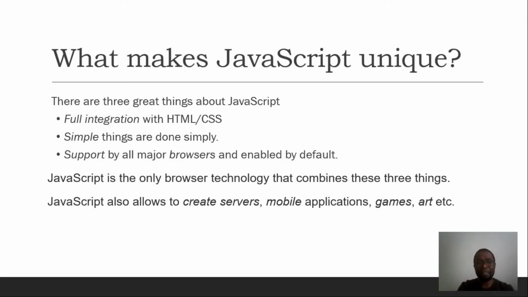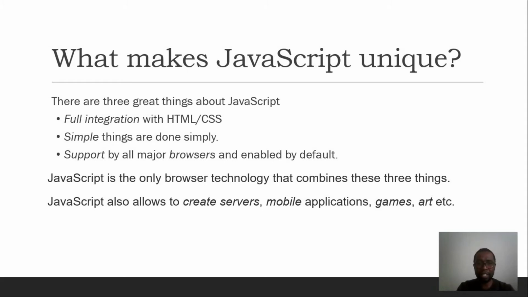That means it can get its functions or tools within the HTML, which makes it very powerful. Then it is very simple, and most major browsers support JavaScript. So it is platform independent, meaning it can run anywhere and perform very many other things.